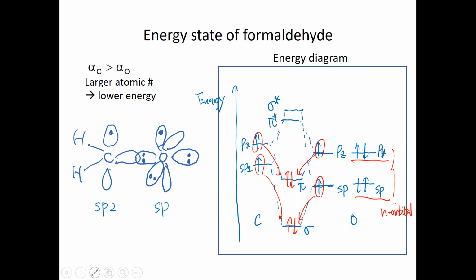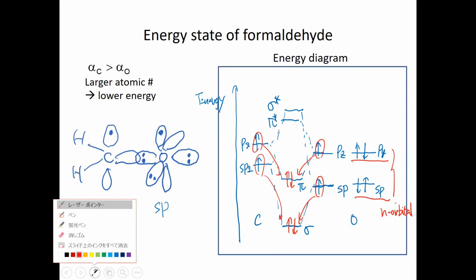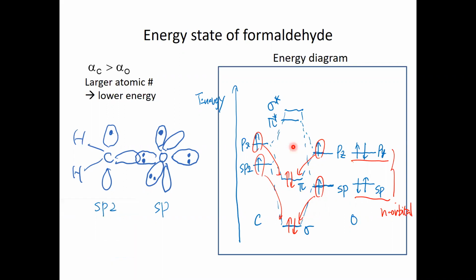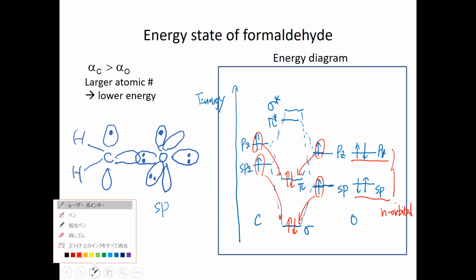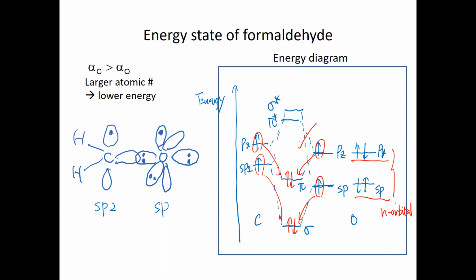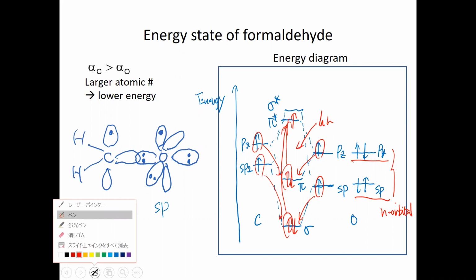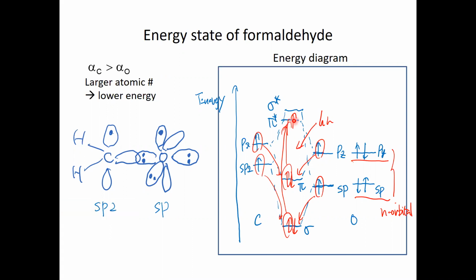But now, when we think about light being illuminated and one of the electrons being excited to the anti-bonding orbitals, in the anti-bonding orbital this electron is now more similar to the original orbital of carbon.